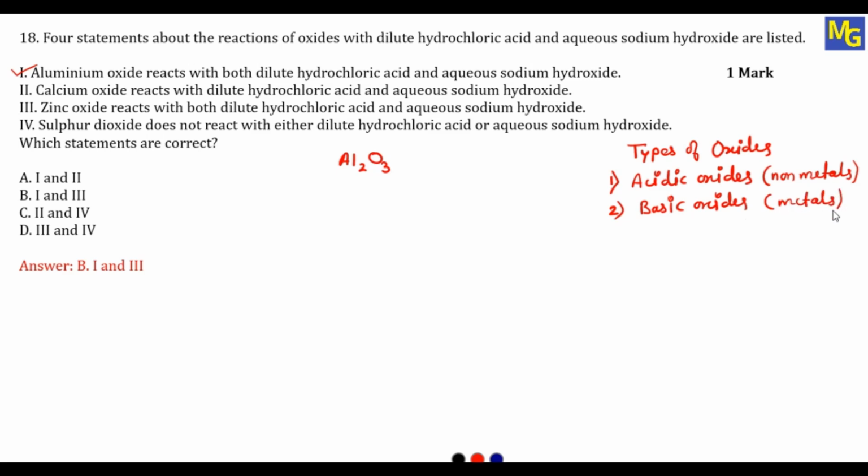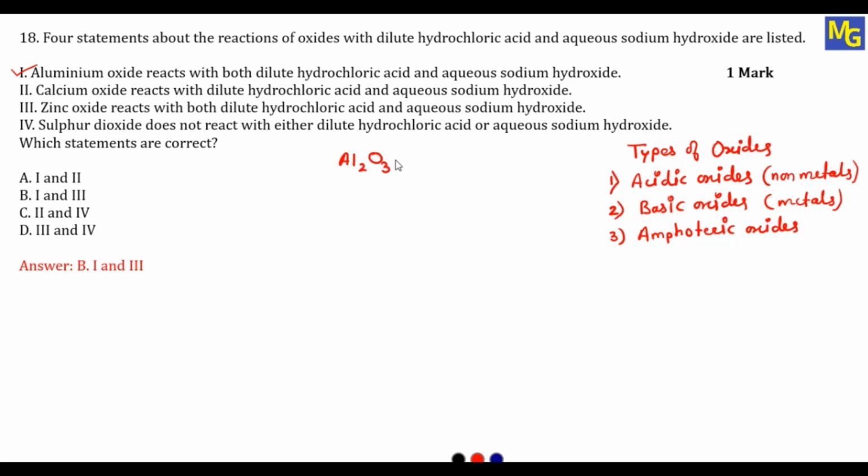Then we have one more type, called amphoteric oxides. Amphoteric oxides means the oxides which show both properties. They will act as acid, and sometimes they will act as base also. Acidic oxides show acidic property, basic oxides show basic property, and amphoteric oxides show both, acidic as well as basic.